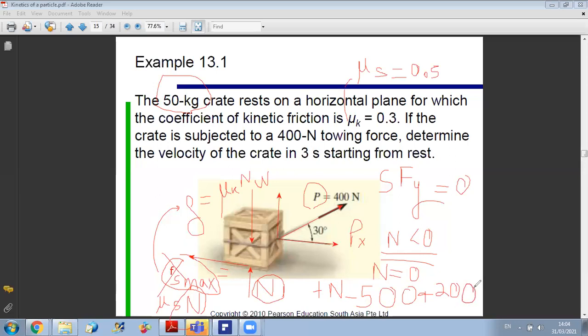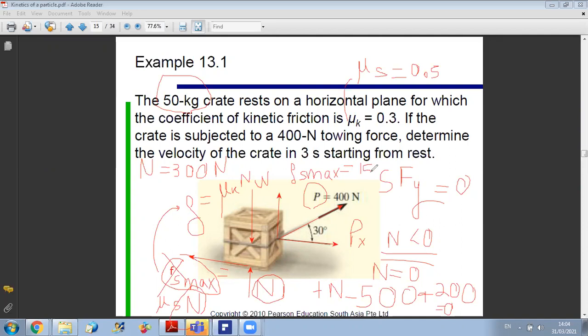So I deduce that N is equal to 300 Newton. So now I can calculate the value of the maximum possible static friction. Fs max is equal to mu s times N. Since I gave you mu s equals 0.5 and N is 300, the maximum possible static friction is 150.